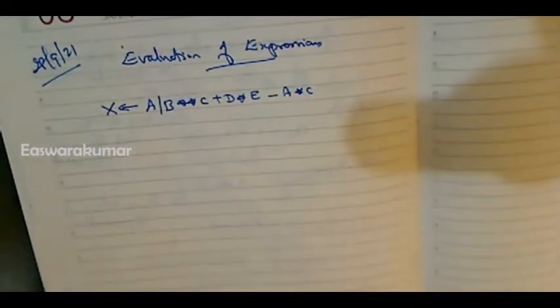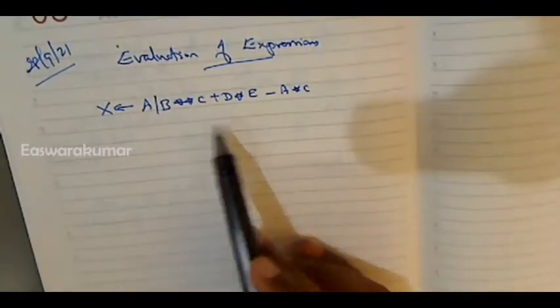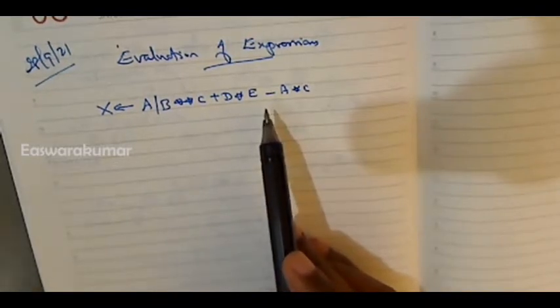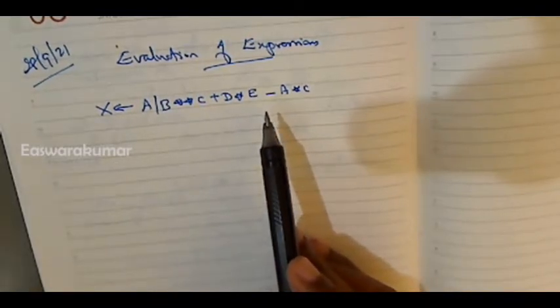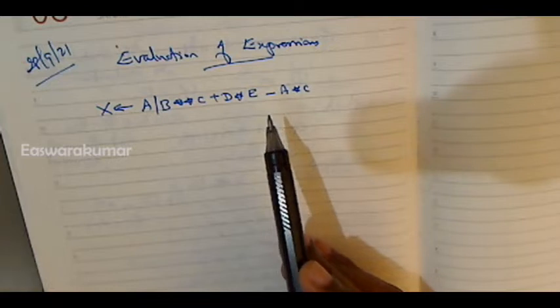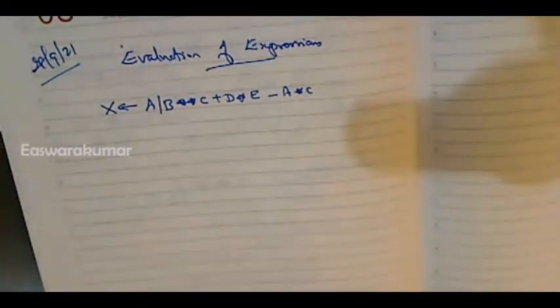Apart from that, there are several kinds of operators available. These are some of the arithmetic operators. Apart from that, you may have unary plus, unary minus, mod, ceil, floor, or comparative operators like less than or equal to, greater than. So there are several operators that can come.